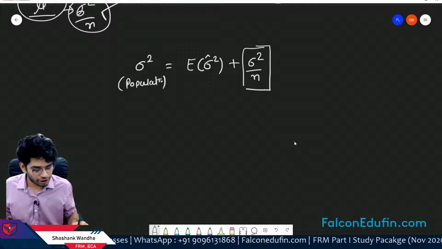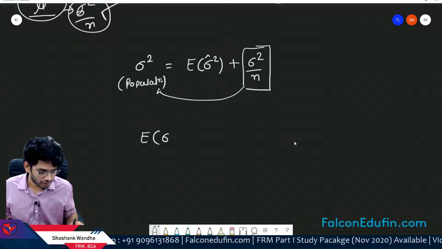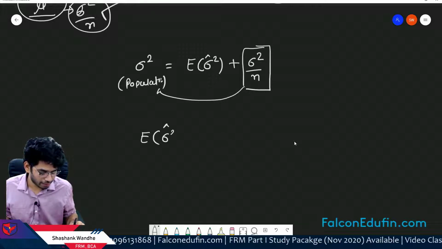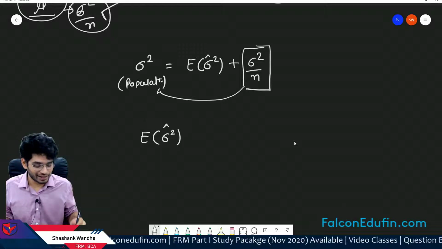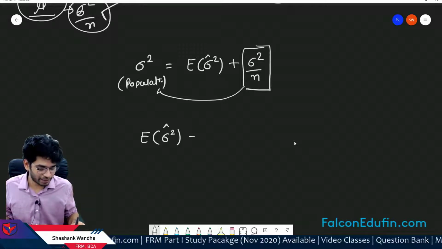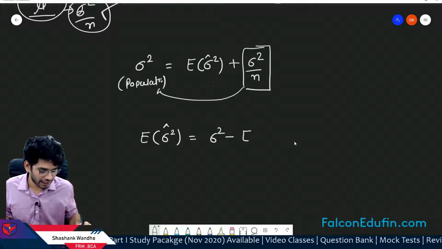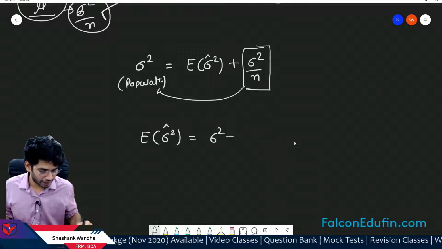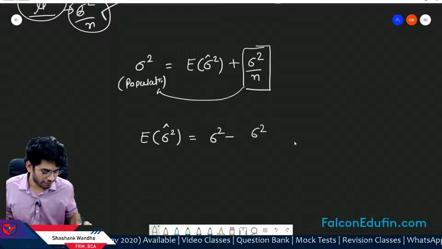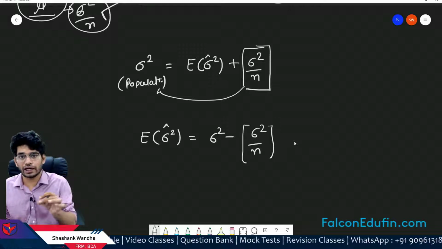Here we are just shifting this term and the formula becomes: the expected value of the estimated variance is equal to sigma square minus sigma square divided by n, which is the standard error of the estimated mean.